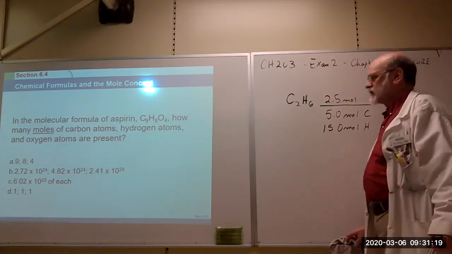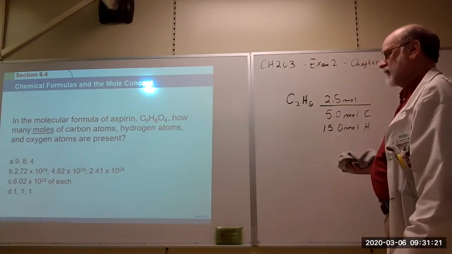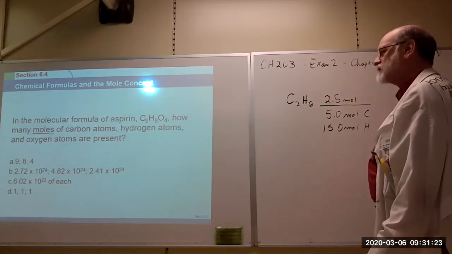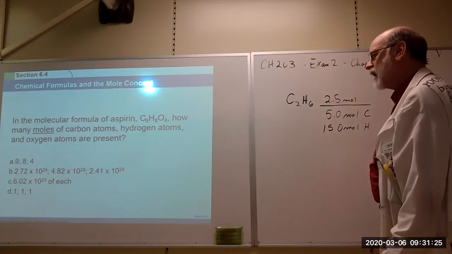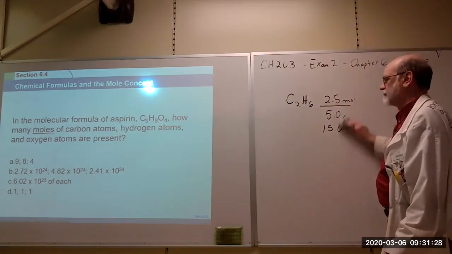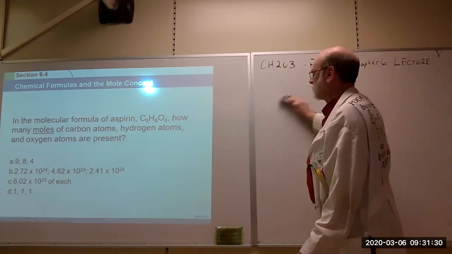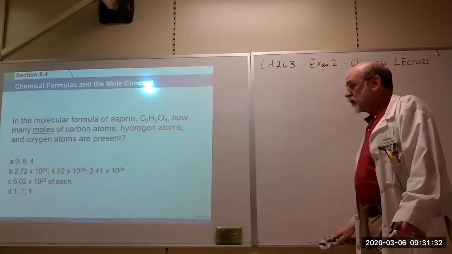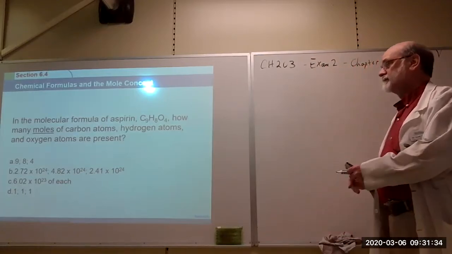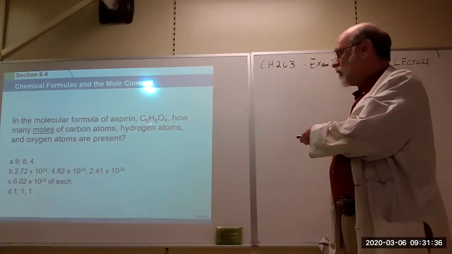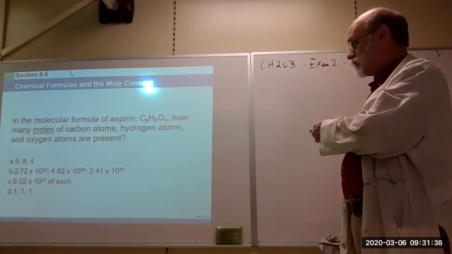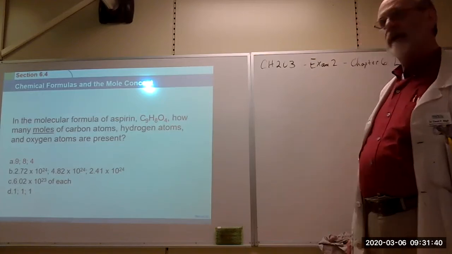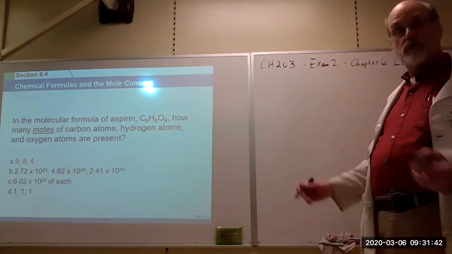All right, there's our aspirin again. How many moles of carbon atoms, hydrogen atoms, and oxygen atoms are present? Well, if you have one formula unit, then you have 9 carbons, 8 hydrogens, and 4 oxygens. Moles of each one.